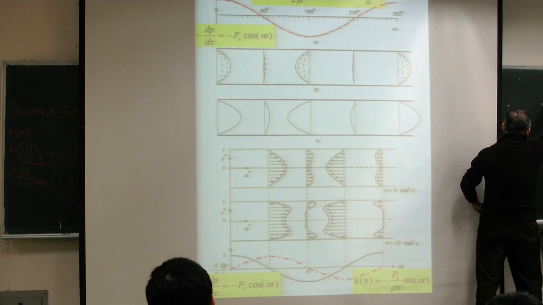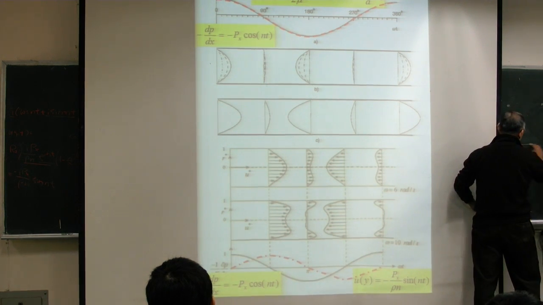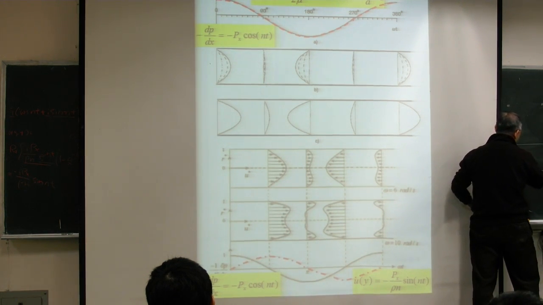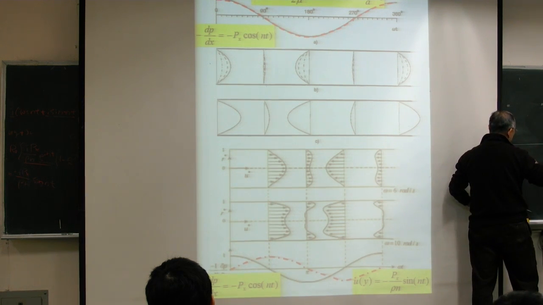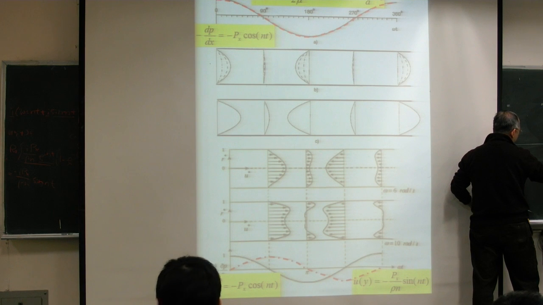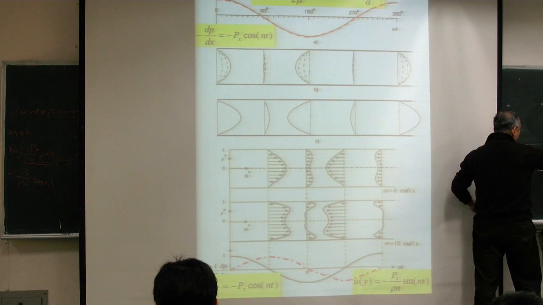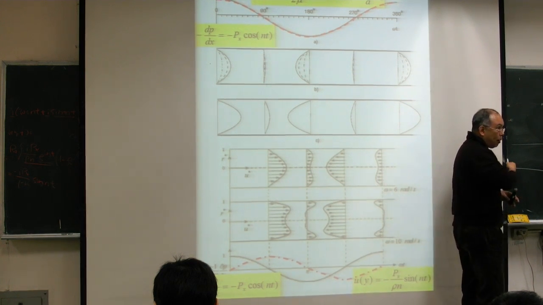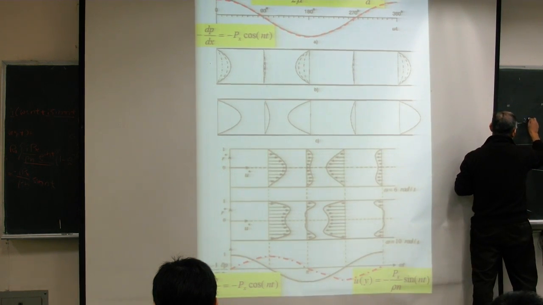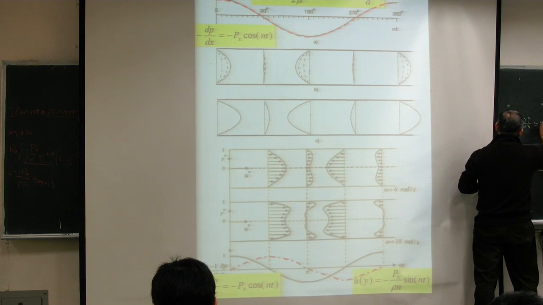Because of this kind of flow pattern, we have a pipe flow like this, and this flow pattern is forward and backward. In the experiment they don't have any backward pressure. They only have a forward pressure, but it's an unsteady forward pressure. It is all positive, which means dp/dx is a positive number.